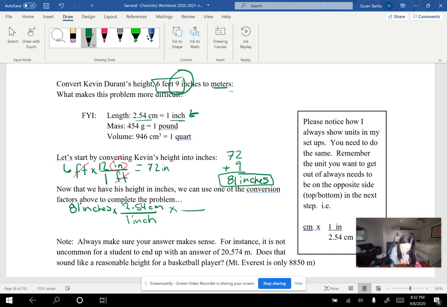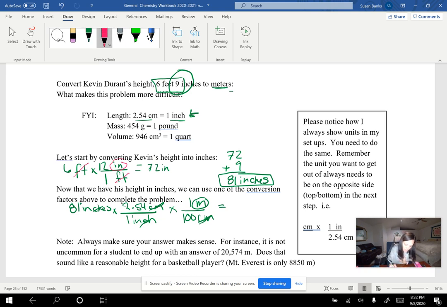So I need to remember the conversion between centimeters and meters. Centi is 1/100th, so I have 100 centimeters in 1 meter. I'm going to put that 100 centimeters on the bottom because I want my centimeters to cancel out now. So my inches cancel, my centimeters cancel, and that's going to equal 1 meter. I'm left with the unit of meters, which is what I want.